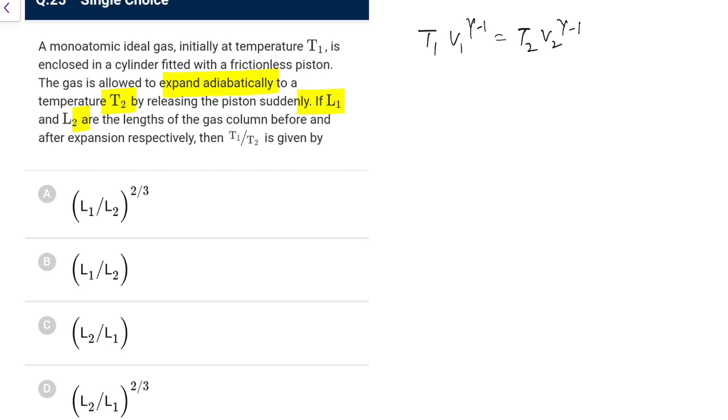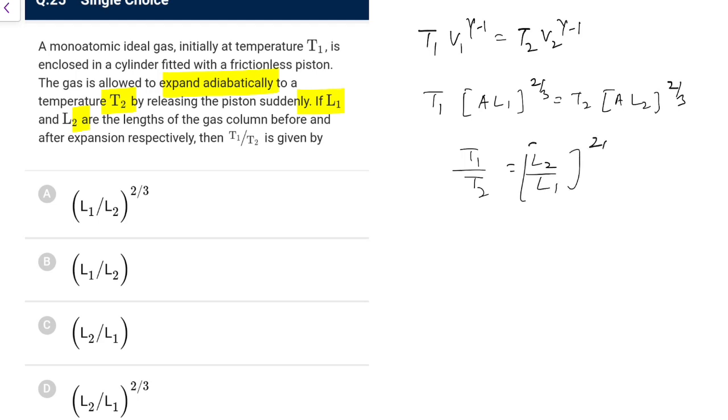Gas is mono, so gamma is 5 by 3, 5 by 3 minus 1 is 2 by 3. So T1 you can write volume as A into L1 to the power 2 by 3, T2 A into L2 to the power 2 by 3. So T1 by T2 you can directly make it out as L2 by L1 to the power 2 by 3. Which option is correct? This is option D. That is what we are writing here.